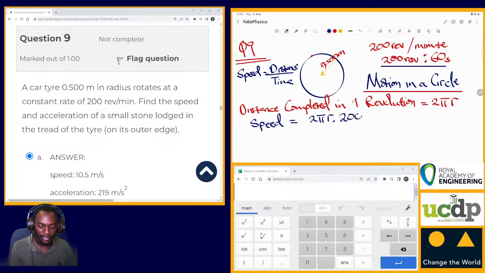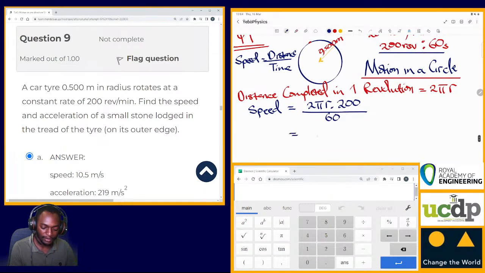So that is the distance, and we divide by the time, which we said is 60. So substituting that, we remain with 2 pi times the radius, which is 0.5, times 200, all over 60.